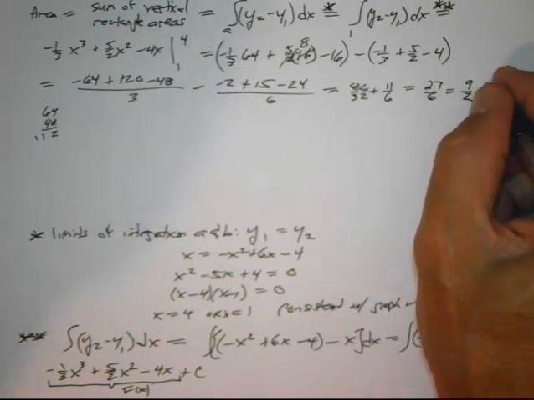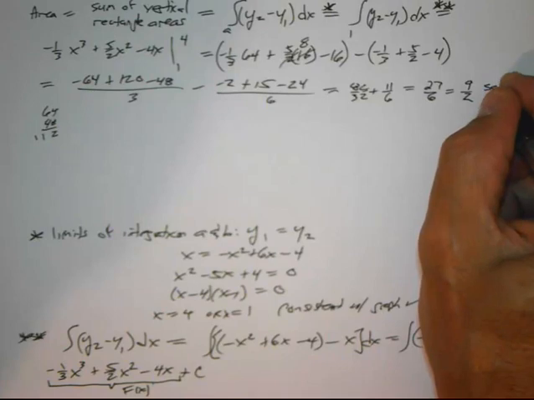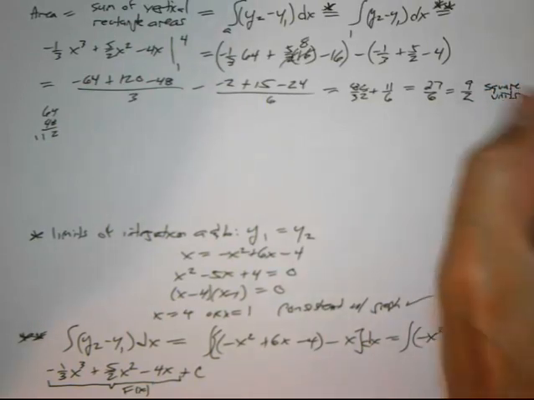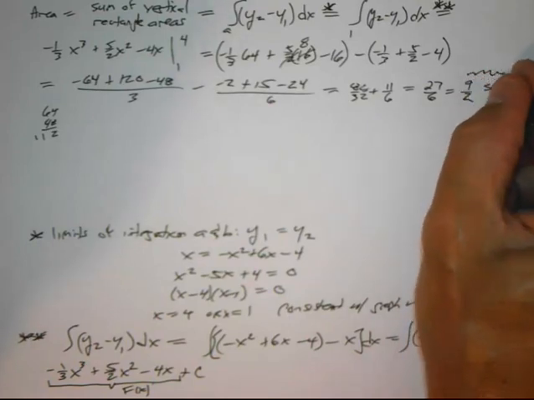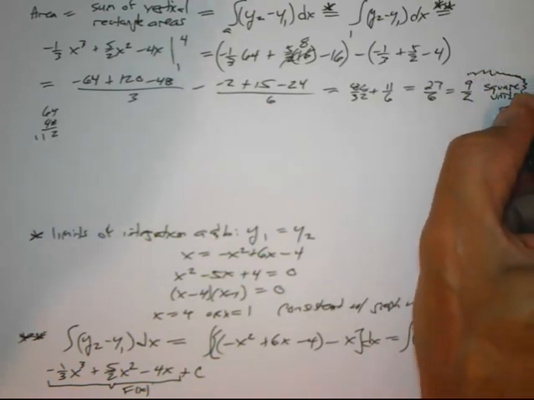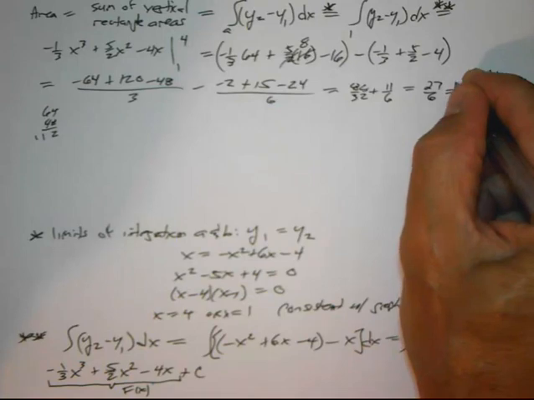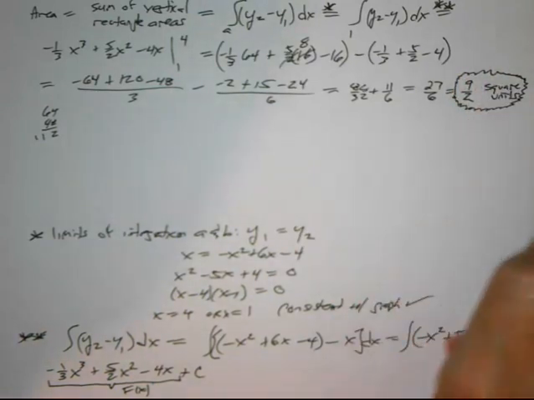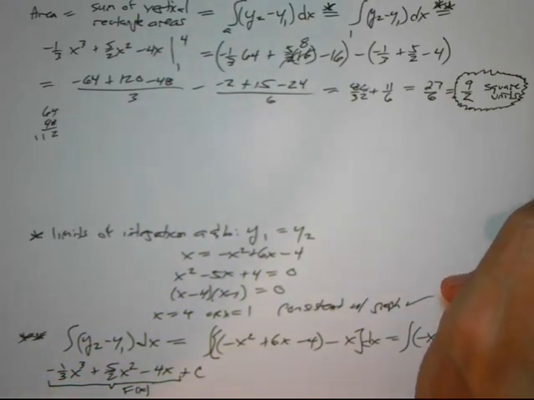Alright, that's the final number there. Square units. When it's area, I like to just remind myself it's square units, so that when you get to a physical real problem, you're putting your units of measure on there all the time. Alright, and therein lies our calculus solution to this.